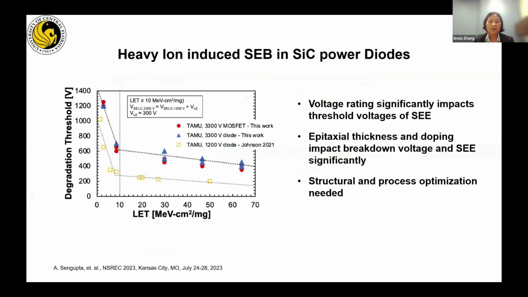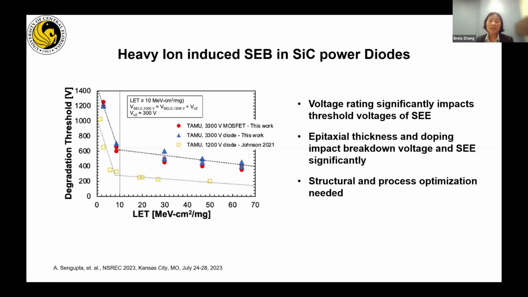He did this, and I instructed on the testing plan and the data analysis. We can see the single event response is very significantly affected by the voltage rating and LET, of course.